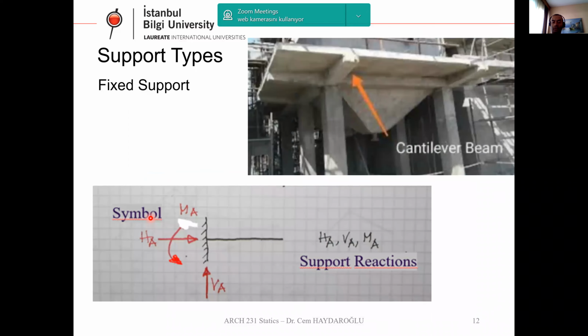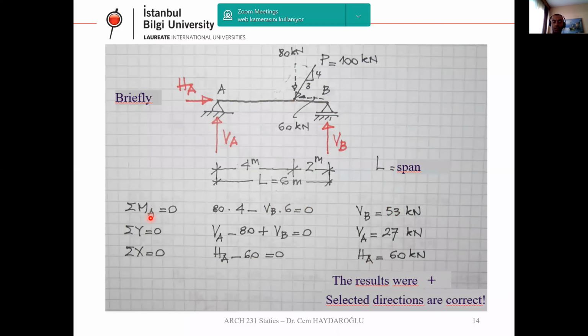But for the fixed support, we have two support reactions, lateral and vertical forces, and also one more, a moment. The moment is not 0 for the fixed support. In this question, let's calculate the total MA.